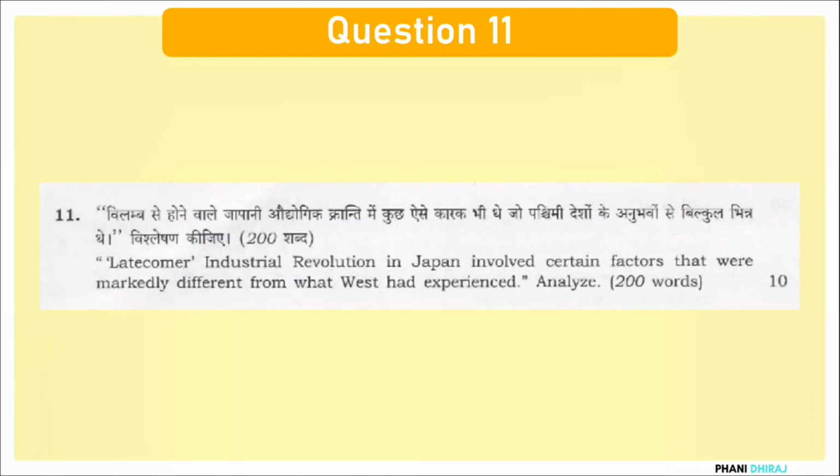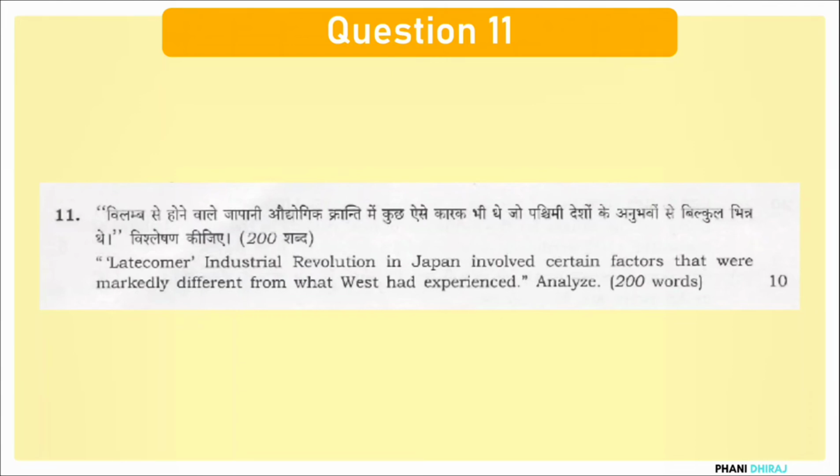Analyze. This was the thing I was talking about: in the zeal to read the question quickly, I misread the word experienced as experience. Again, this is significant, right? Every word carries a lot of meaning in UPSC Mains. So to clarify, let us read this question in a proper way.